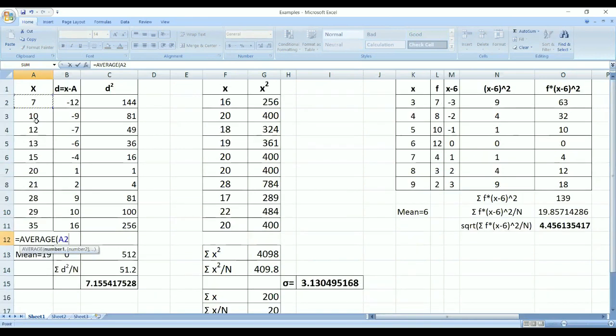And select this column and complete the bracket. So it will show the average. Here, for this particular problem, mu, the mean, is equal to 20.